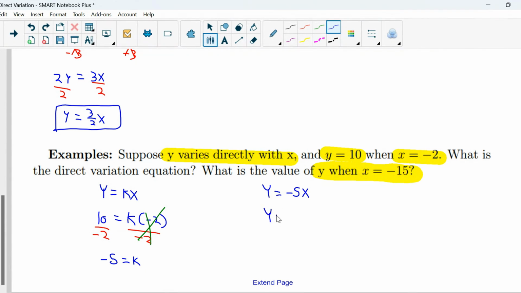So that gives us y equals -5 times -15. Okay, -5 times -15 gives us y equals 75. So that is our y value when x equals -15.